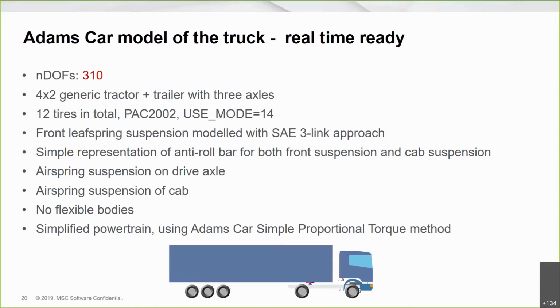We use PAC 2002, and there's also a capability in Adams called model reduction, which will enable you to reduce some of the more complex parts into a rigid or simplified part configuration, so that you can make your Adams full vehicle model real-time compatible. For more details on those, please refer to some of the webinars we hosted before.